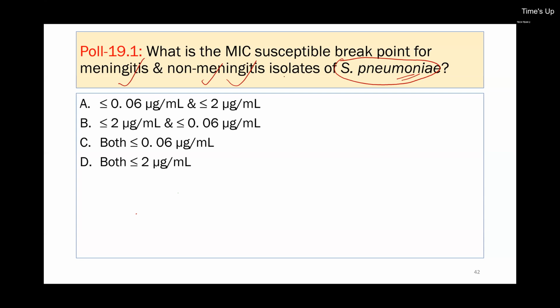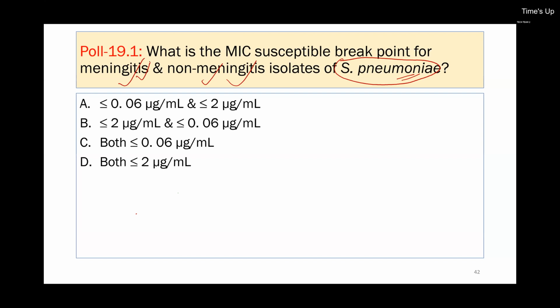And what is the difference? You should know that the meningitis breakpoint is always much less than the non-meningitis breakpoint. You may not exactly remember the values, but you should have the idea that they are different, and meningitis breakpoints are much lower than non-meningitis isolate breakpoints.